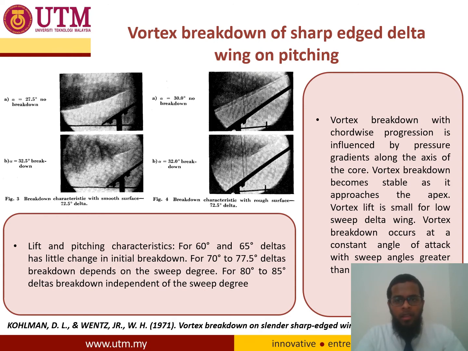The vortex breakdown is influenced by the pressure gradient, and the vortex is stable at the apex and, as it moves downstream, it becomes unstable. The vortex breakdown occurs at a constant angle for sweep angles greater than 75 degrees.